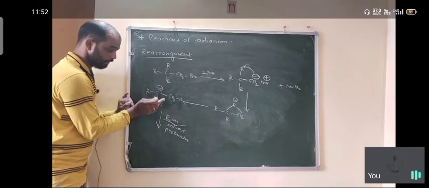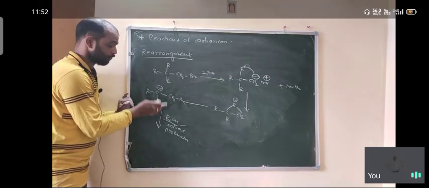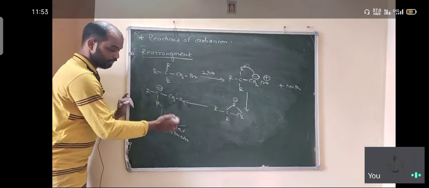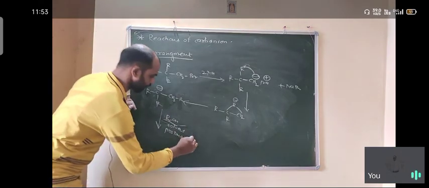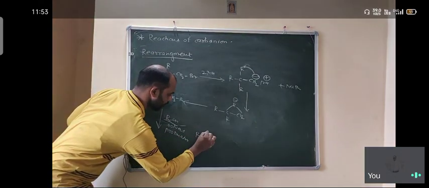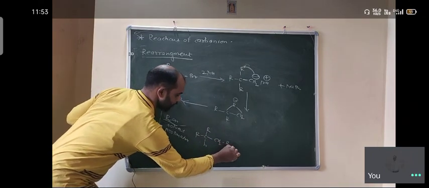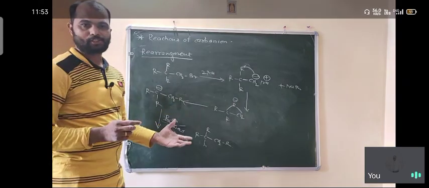In that case, this carbanion is not a nucleophile because a neutral molecule is present. Here the carbanion acts as a base and accepts the proton from the solvent. After that we convert it to HCH2R, and this is the rearrangement kind of reaction.